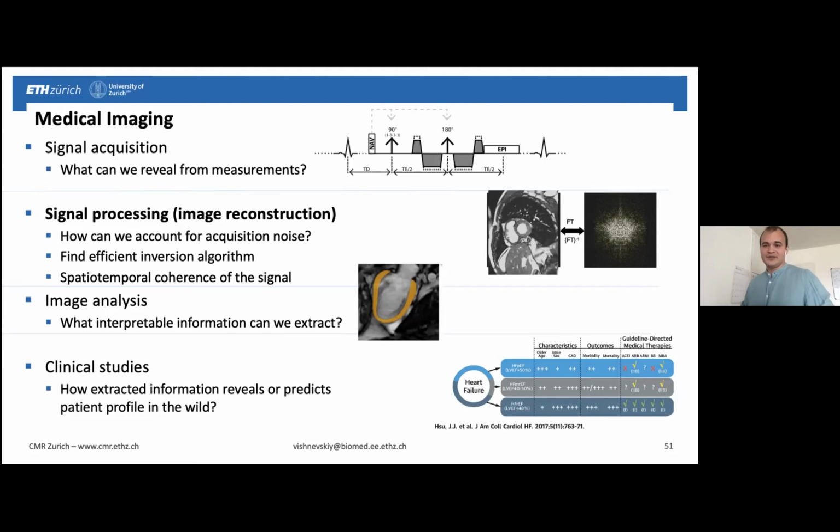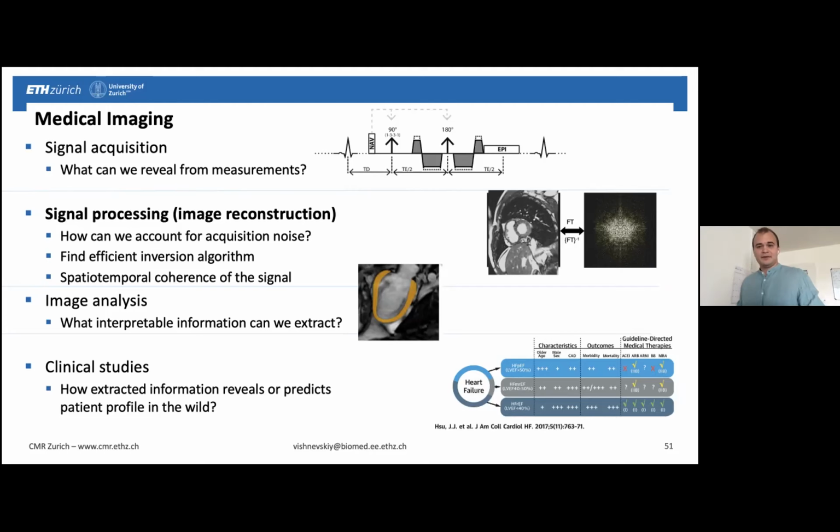At this step, one of our aims would be to substitute the human. That's the place where we want to be actually intelligent. And after we have imaging data and have extracted the useful information that we had in mind, we can use it in some statistical population studies to see what kind of information can aid the diagnosis.